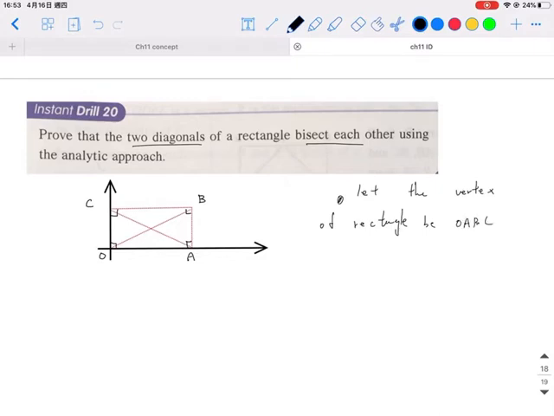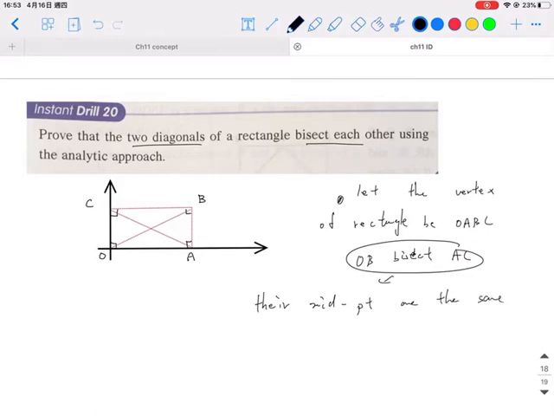So what we need to prove is OB bisects AC. So what does it mean? How can I prove OB bisects AC? It should be that their midpoints are the same.